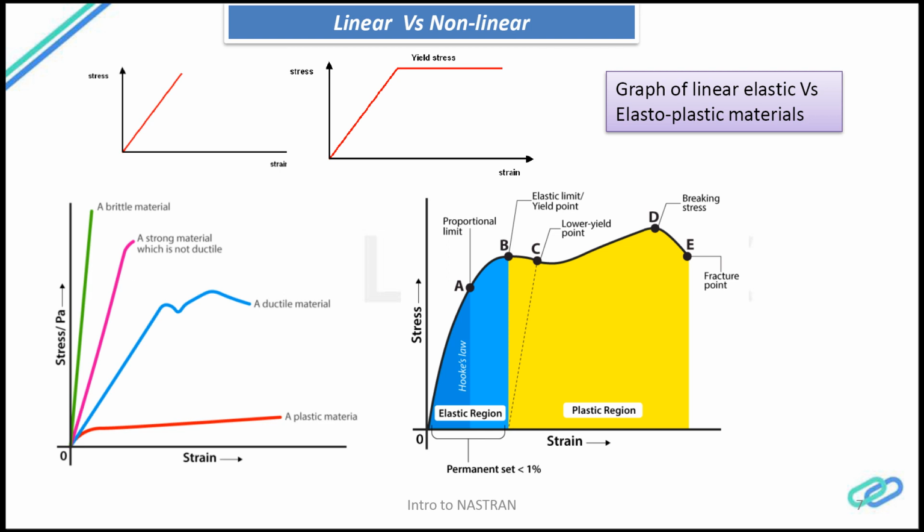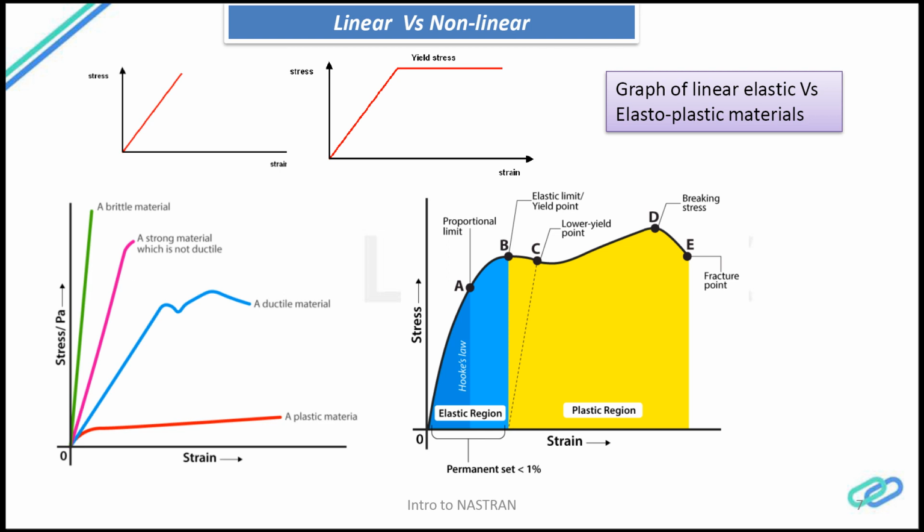This is the usual stress-strain graph, which shows the elastic region up to the proportional limit. Once the proportional limit is crossed, it is still within the elastic region, but the behavior is a little bit plastic. For any amount of stress, there is a little increase in the strain, and then it reaches the elastic yield point.